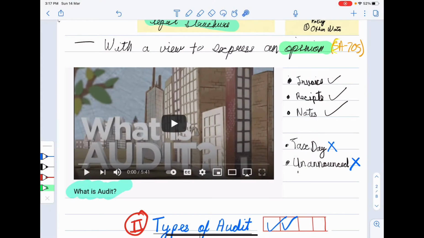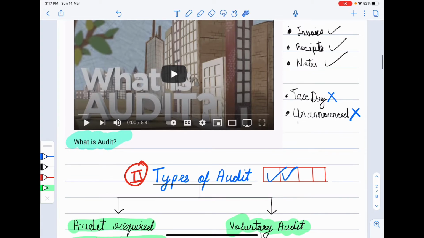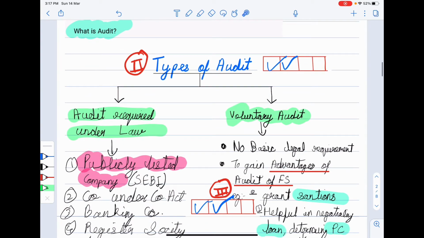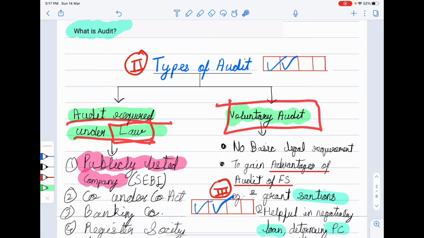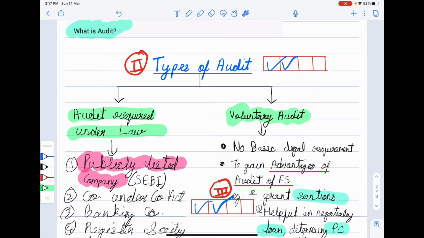So you got a general idea about what audit is. Now let's understand this in detail. Okay? So let's understand types of audit. There are two types of audit: audit required under law, and voluntary audit. In audit required under law, the law makes it compulsory for companies to perform audit.